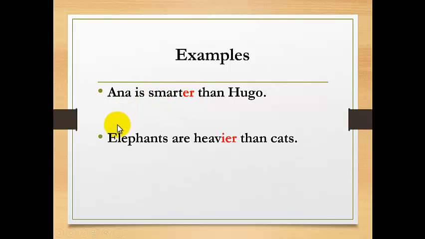Let's see another example. Elephants are heavier than cats. In this instance, we are comparing elephants and cats. And we are using the adjective heavy, but it has changed for heavier.